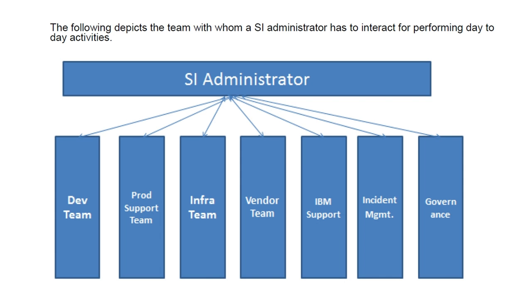Now the fifth one is IBM support. If there is any product related issue, or you need some hot fixes, or you are seeing some kind of challenges with respect to the archival process or the purge process to clean up some of the older logs as well as older files from the system, and it is not working properly.